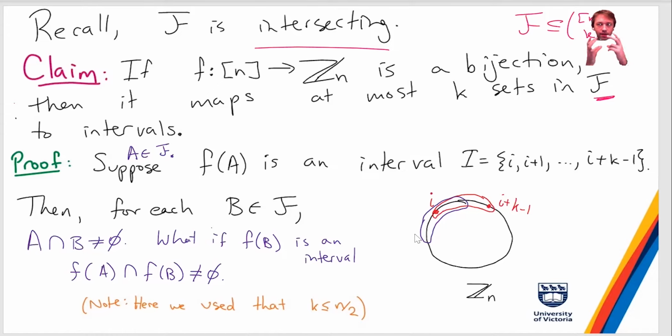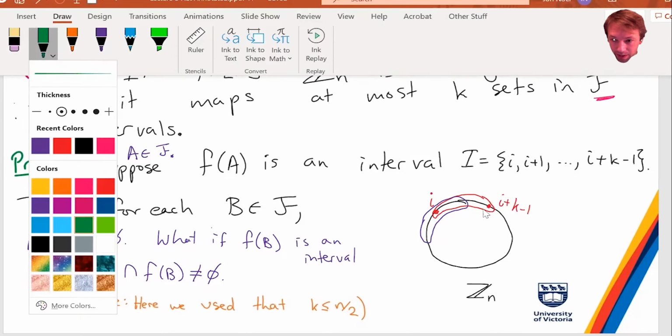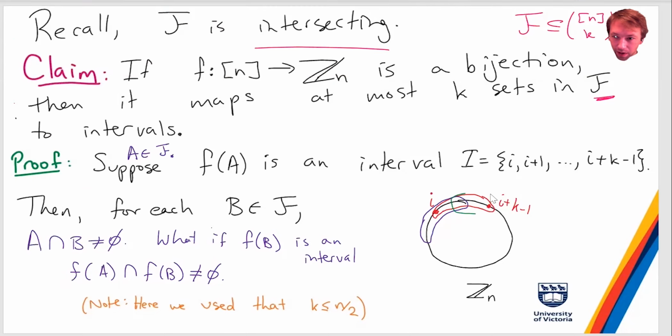Now, think about it. If I've got a bunch of intervals of length k, they're all different intervals. How many of them can intersect each other? So maybe I've got a third set which maps to an interval. If that third set maps to an interval, it has to also intersect these two somehow. So this is now getting kind of dodgy because it's barely intersecting the blue one, or indigo one, or whatever that color is.